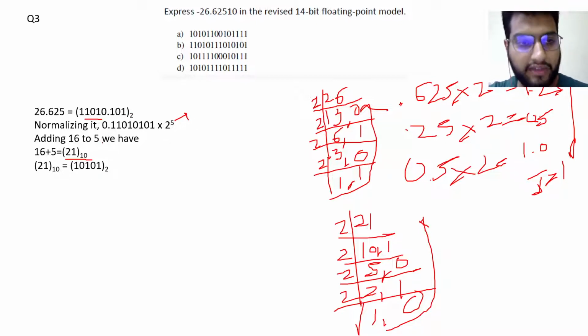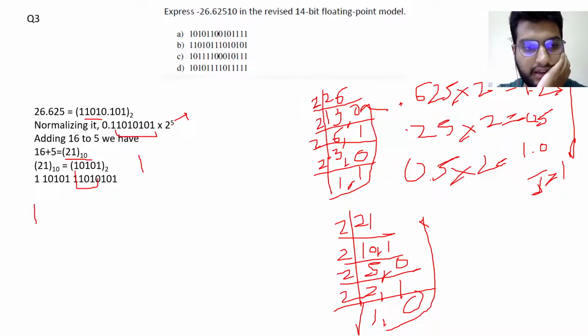The number is negative, so the sign bit will be 1. This is our exponent, and this part will be our mantissa. So the final number will be the sign bit 1, followed by the exponent 10101, and then the mantissa part.